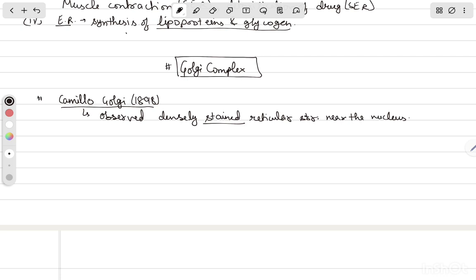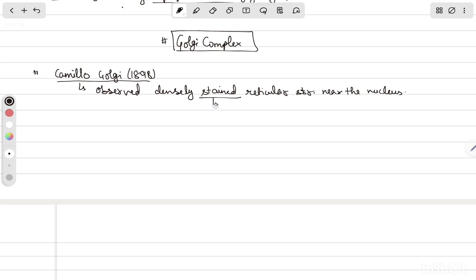So silver nitrate is a stain which is used for staining procedure of Golgi apparatus, and staining by silver nitrate, this method is known as metallic impregnation method, right?